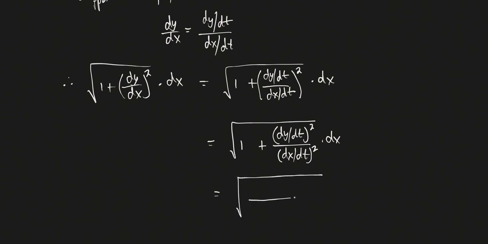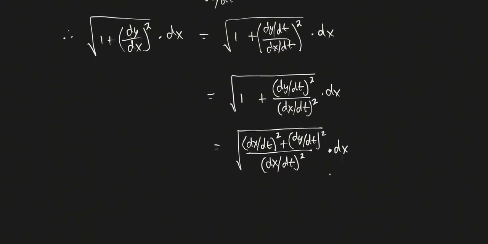Then I multiply the 1 by dx dt squared, so I'll have dx dt squared plus dy dt squared, all under the square root, and then I still have my times dx there.